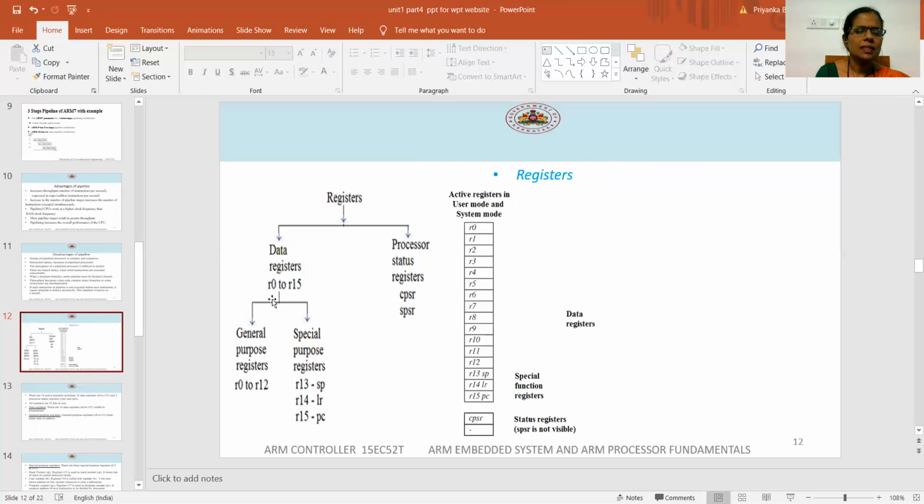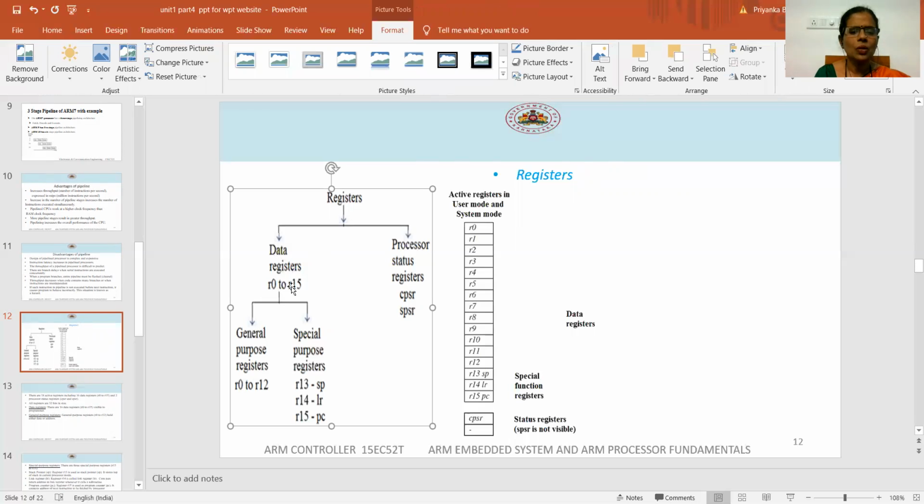Data registers are marked from R0 to R15. Total how many data registers? 16. Starting from R0 to R15, 16 registers. And how many processor registers? CPSR and SPSR. CPSR stands for current program status register, and SPSR stands for saved program status register.